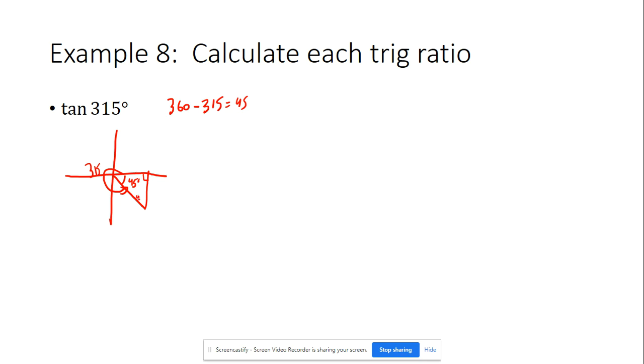And that means this is 45. This is 1, this is negative 1, this is root 2. Okay, tan is, so here's my reference angle, opposite over adjacent. And we get an answer of negative 1 like this.